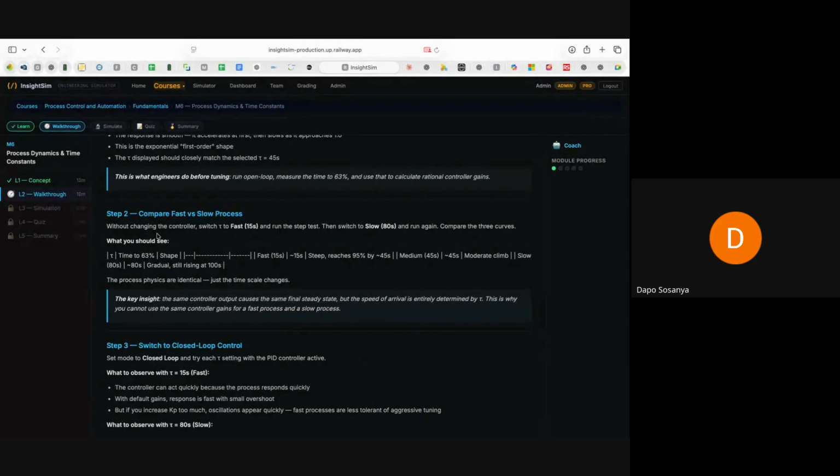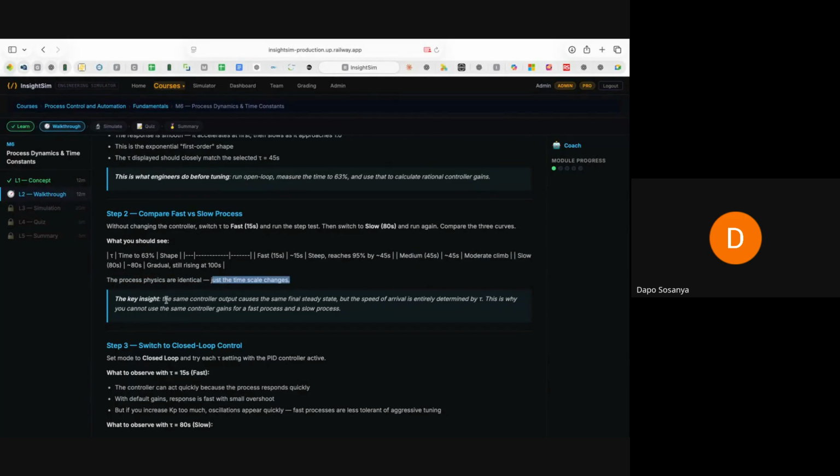So step 2, you compare fast versus slow process. Without changing the controller, switch tau to fast, 15 seconds, and then run the step test. Then switch to slow, 80 seconds, and run again. Compare the 3 curves. What you should see is that the process physics are identical, just the time scale changes.